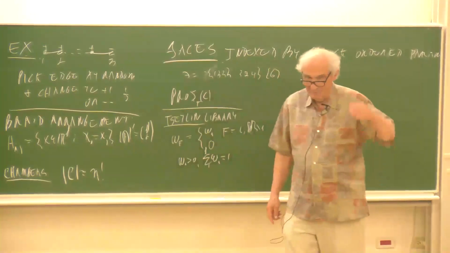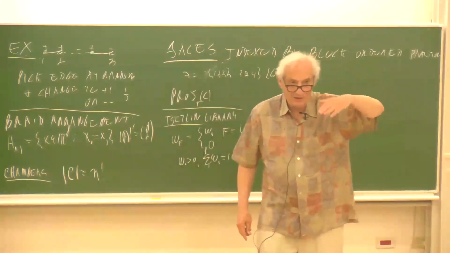So what does the Markov chain become on permutations?